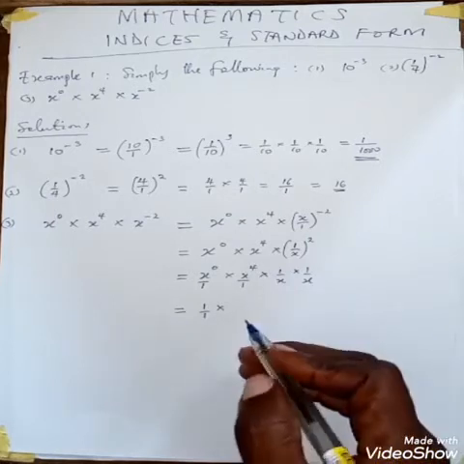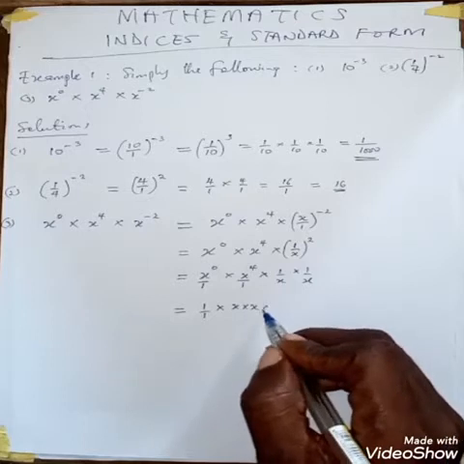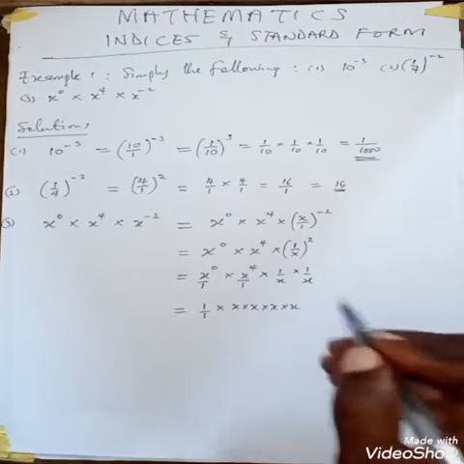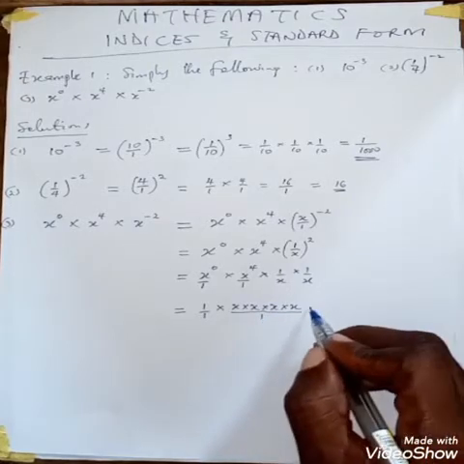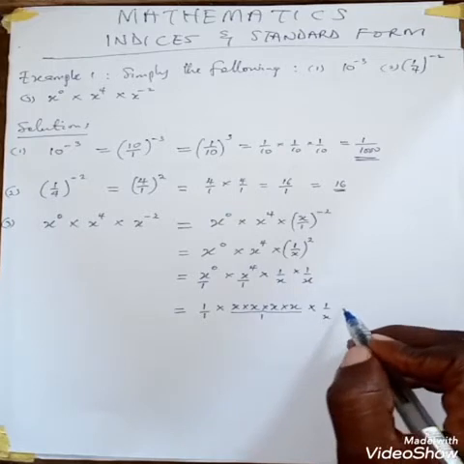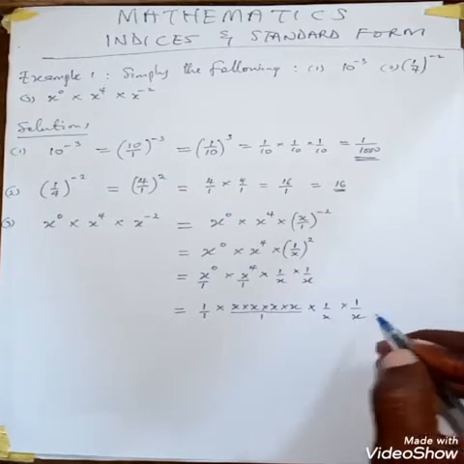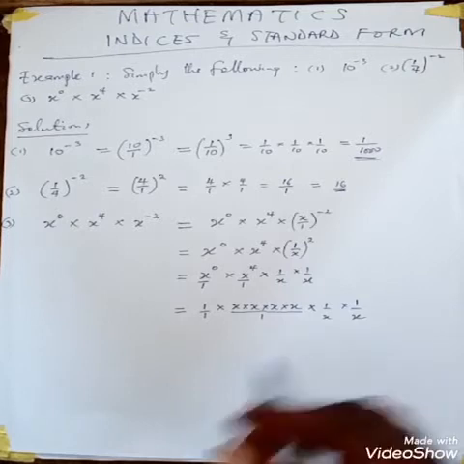x to be repeated 4 times, and that is going to be x times x times x times x. So I can say everything as 1 over 1 multiplied by 1 over x multiplied by 1 over x. What we now do is compare numerator as well as denominator and cut. That is, we divide where possible.